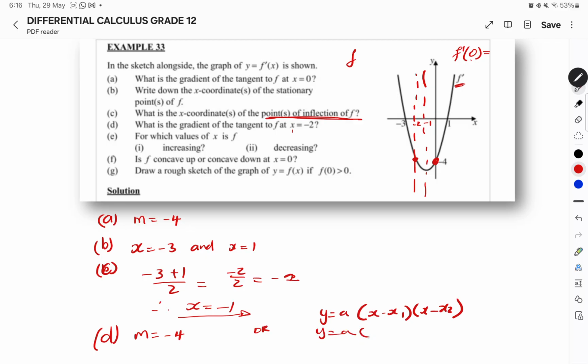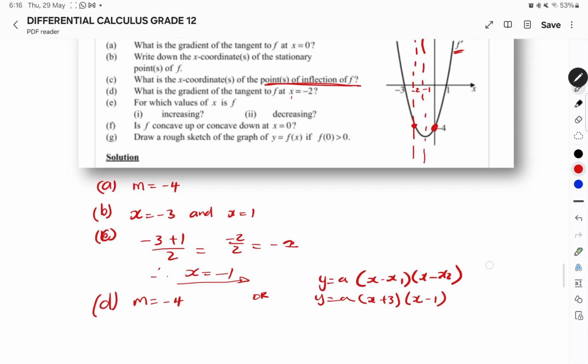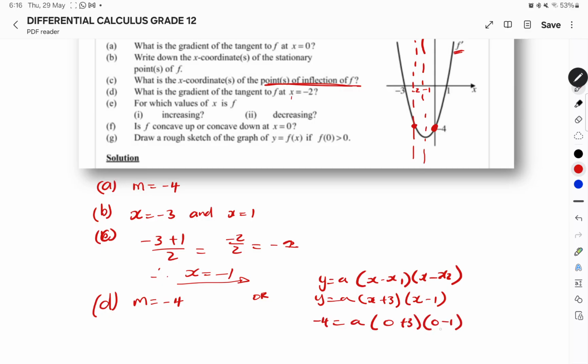This is y equals a(x plus 3)(x minus 1). Substitute one point where my graph is passing, (0, -4): -4 equals a(0 plus 3)(0 minus 1), -4 equals -3a, so a equals 4 over 3.